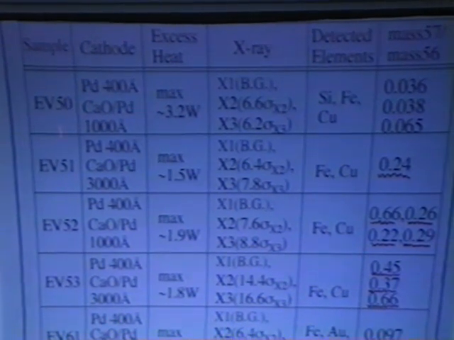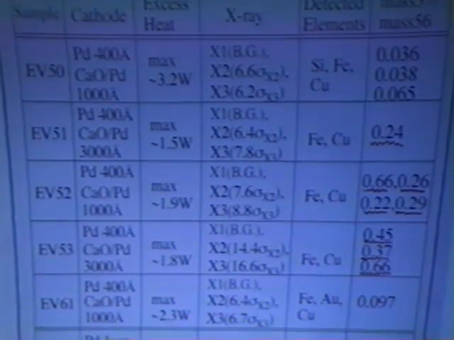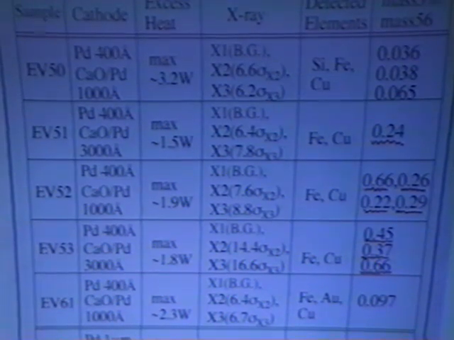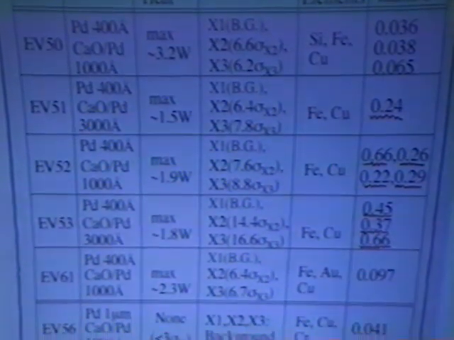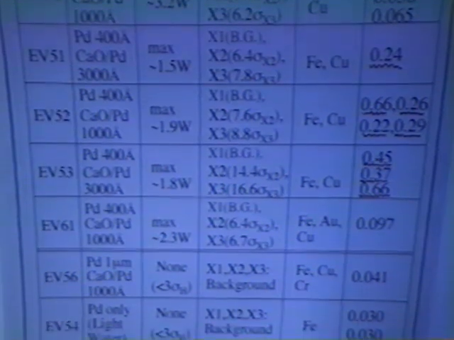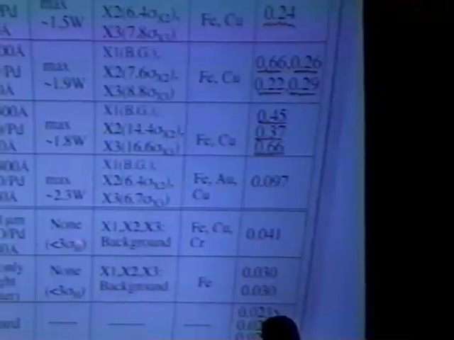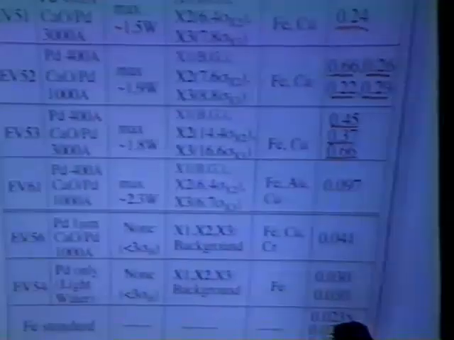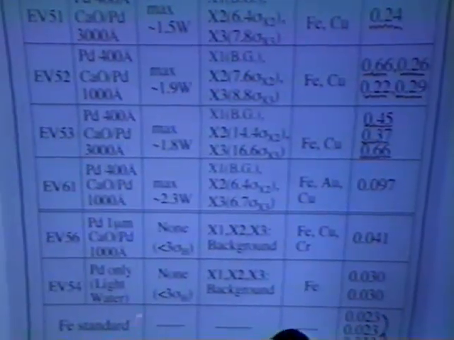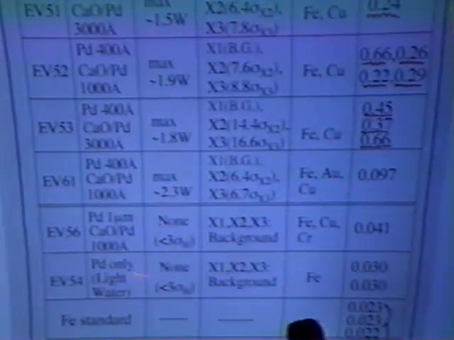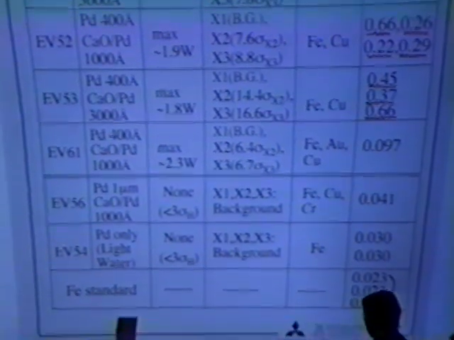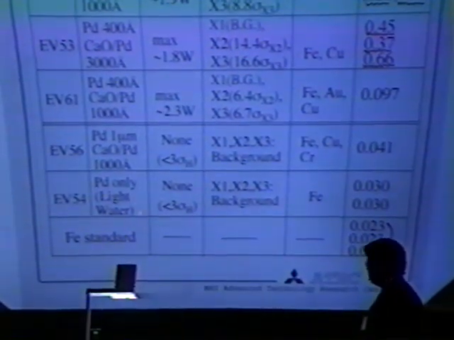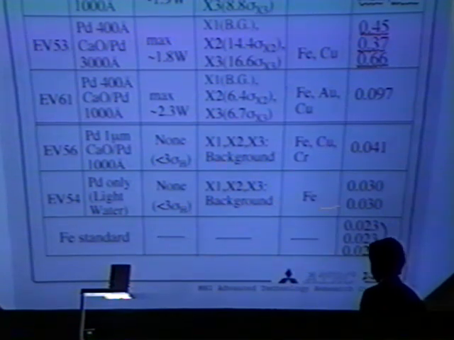Samples 50, 51, 52, 53, 61 all belong to multi-layer cathodes. In the table, sigma is the standard deviation of the background. And the background data is obtained by the light water experiment. EV54 is a sample of the light water experiment.